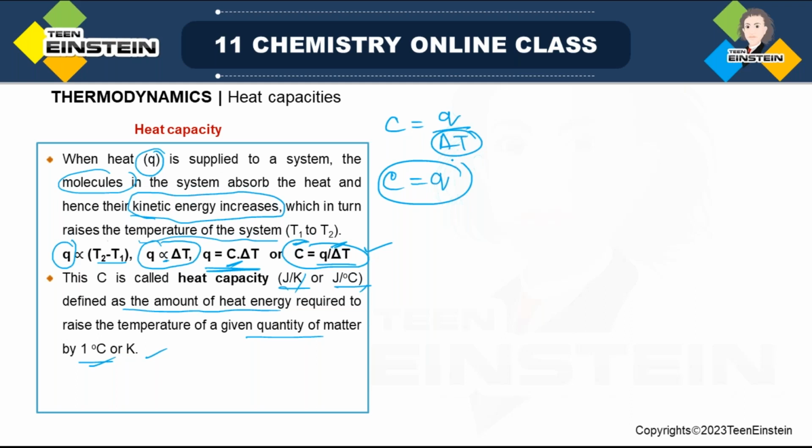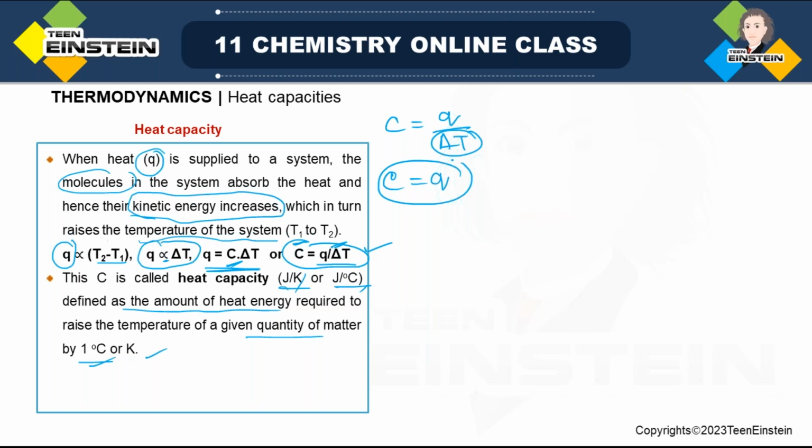But the important point is the total quantity of heat absorbed or liberated at the change in temperature, T2 minus T1. So Q by delta T, but when delta T is 1 degree centigrade or 1 Kelvin, then C equals Q. Under that condition, you can say that it is that amount of energy.